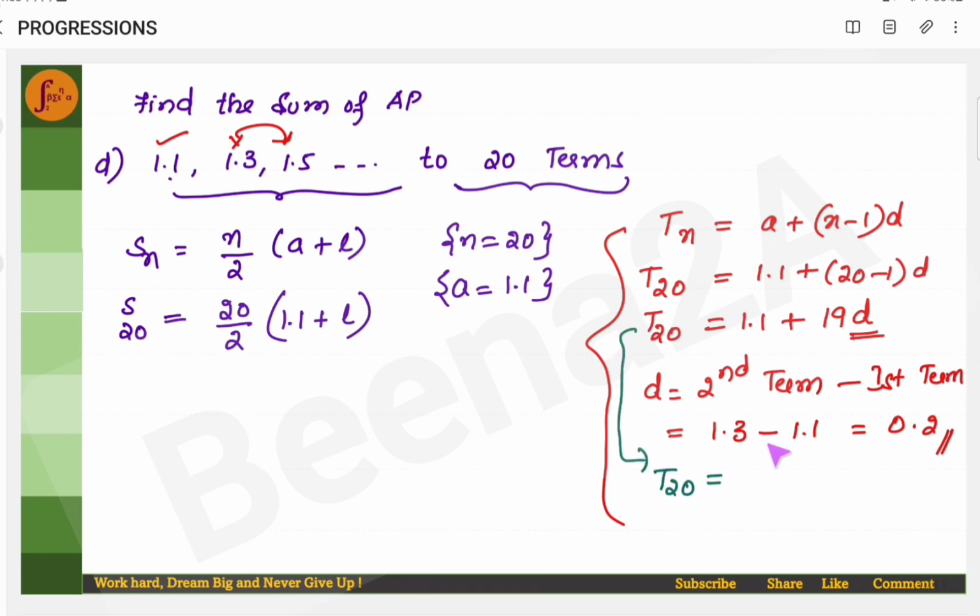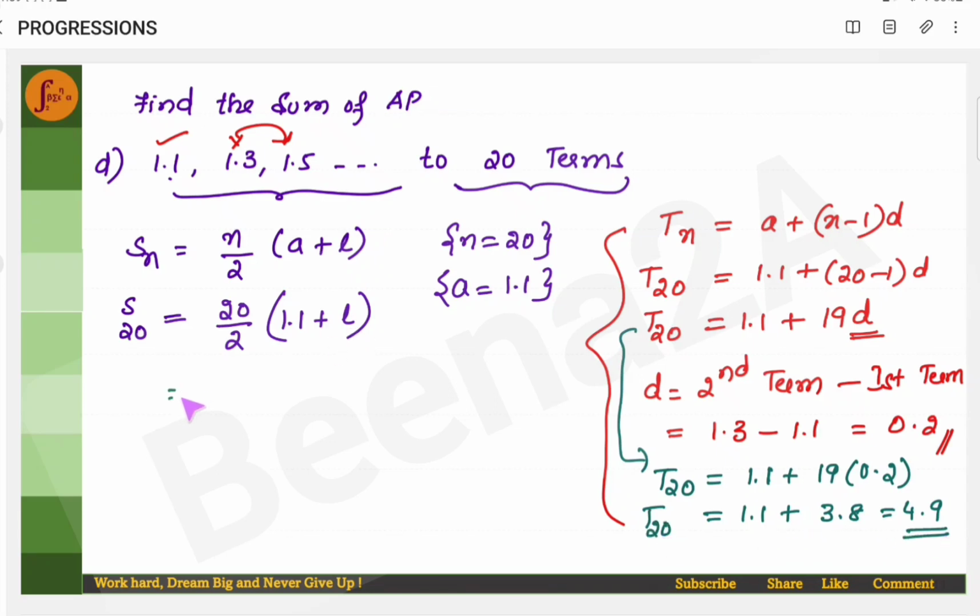Now let's go back to this. T20 is equal to 1.1 plus 19 into d, which is 0.2. What will I get? 19 into 2 is 38, so I'll get 3.8. 3.8 plus 1.1 is 4.9. So my 20th term is 4.9.